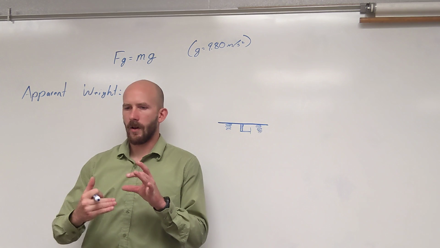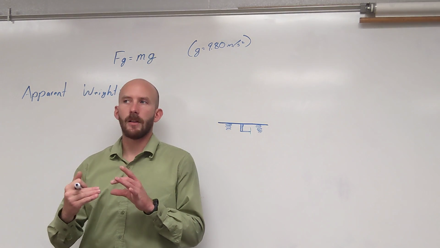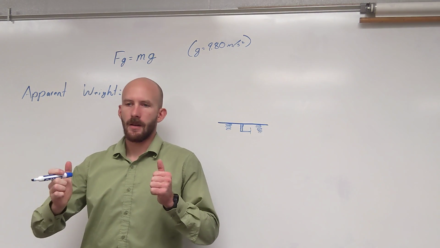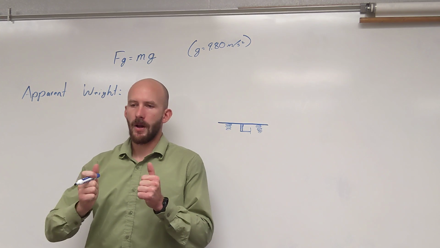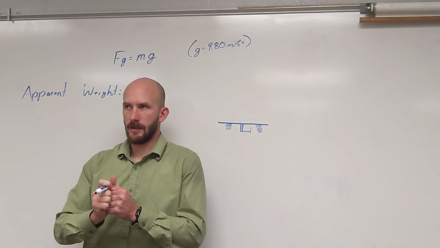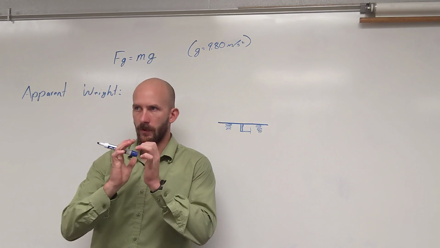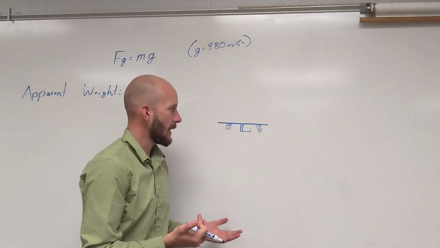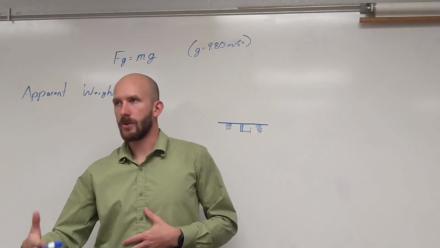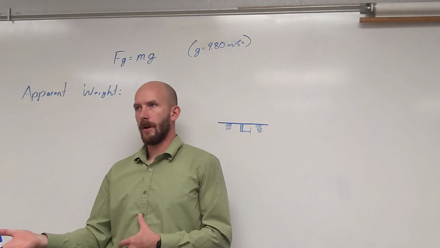But within a certain range, they tend to be very linear, meaning it takes a certain amount of force to compress a certain distance, and as you increase the force, it will compress further and further, very linearly, which is nice for a scale.